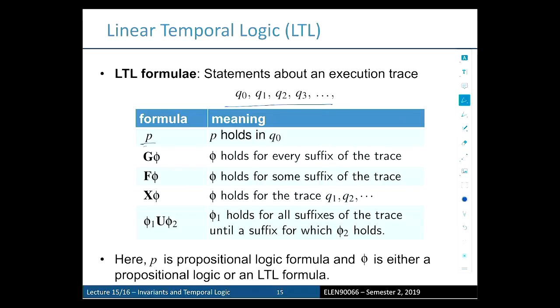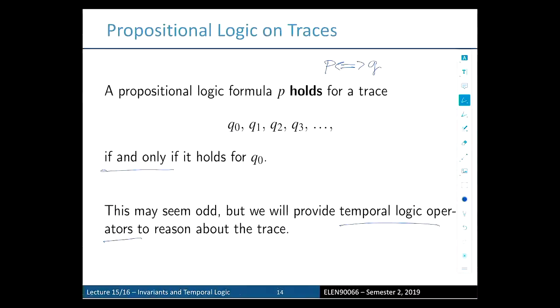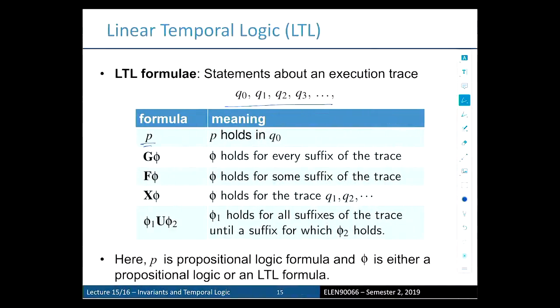We say a formula holds for this trace if it is true for the first element of the trace. So far, so good. Then we have these four operators: G, F, X, and U.